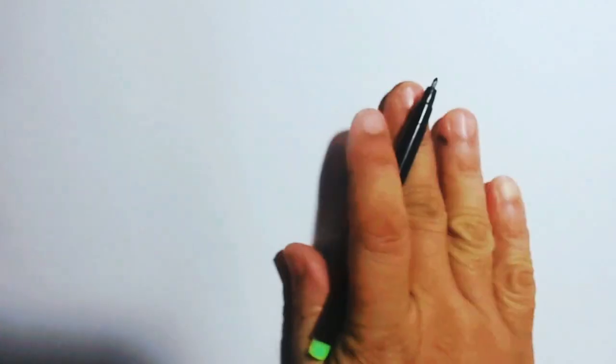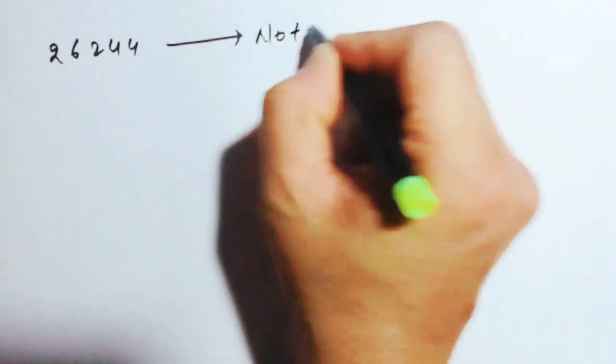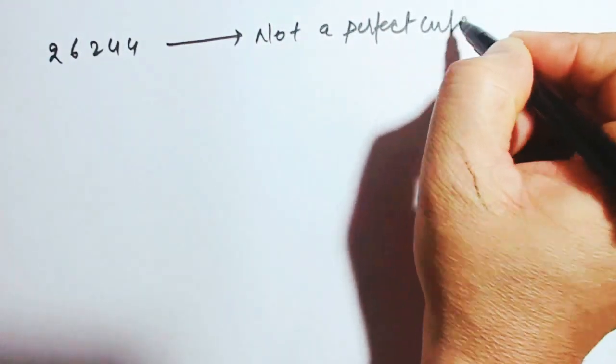What we find is that the other sums are based on these particular sums, or are of the same variety. For example, let me give you an example. If you are given the same number 26244 and told that this is not a perfect cube, of course it is not a perfect cube right now.